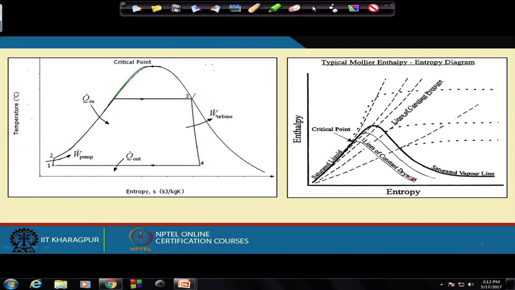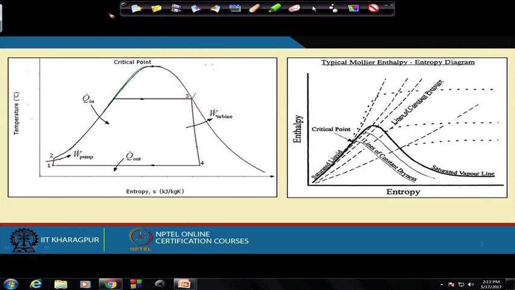So, we find that the Mollier diagrams are the ones we use most frequently to find out the properties, measurable as well as non-measurable, of pure component substances in the liquid phase, vapor phase, as well as in the liquid vapor region.